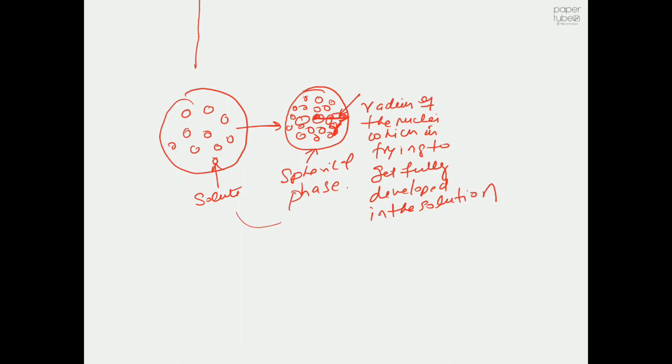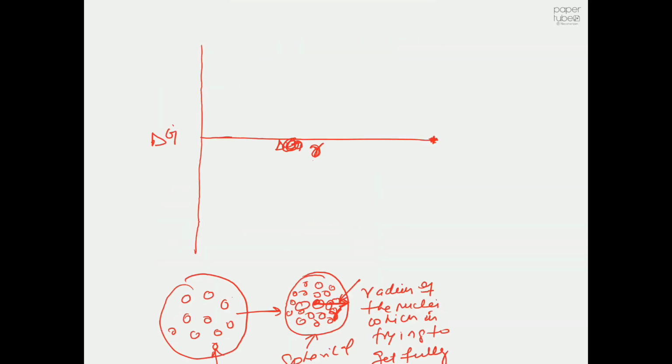This R is related to some process which is happening at the molecular scale inside the solution. This R is nothing but the radius of the critical nuclei. So this is what Gibbs thought. Everybody knows this thing.